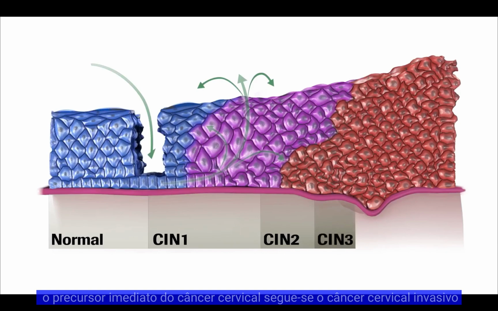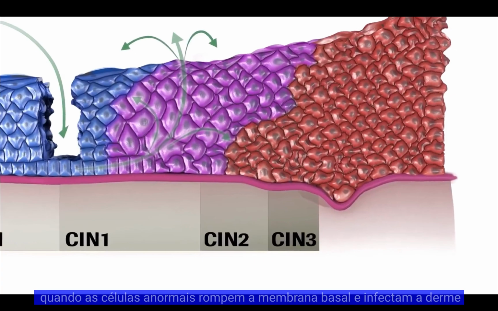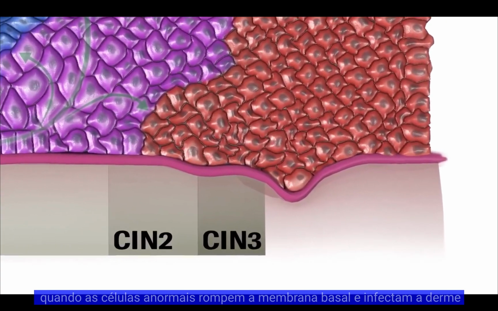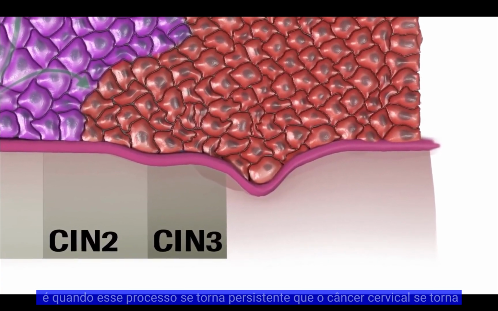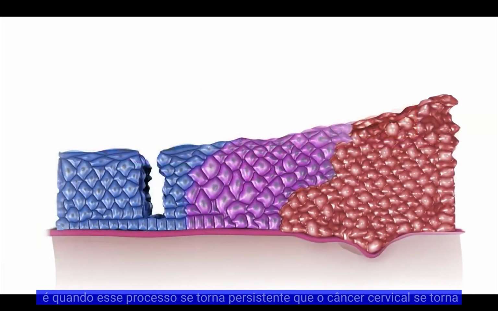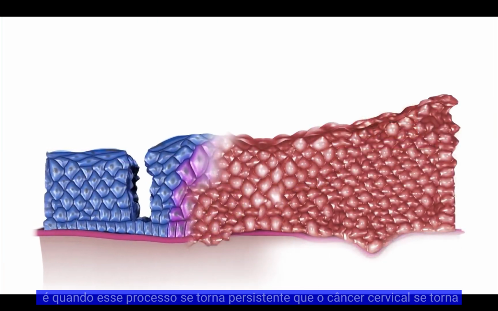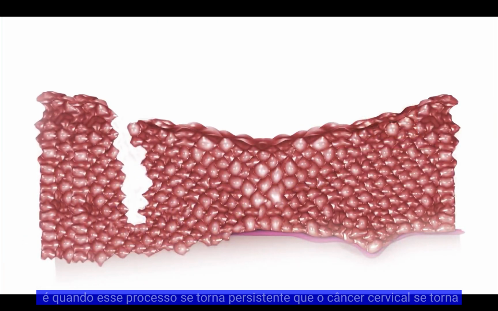This is the immediate precursor to cervical cancer. Invasive cervical cancer ensues when the abnormal cells break through the basal membrane and infect the dermis. It is when this process becomes persistent that cervical cancer becomes the ultimate consequence.